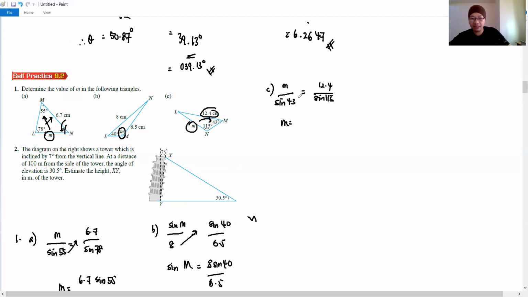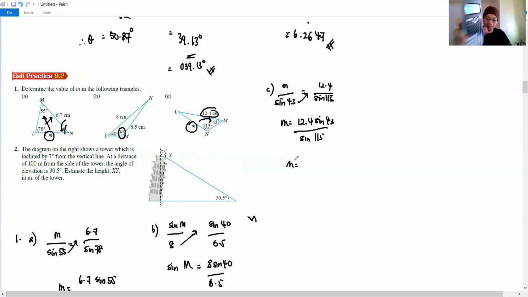Move this to the other side, so M equals 12.4 sine 43 over sine 115. Calculate: 12.4 sine 43 over sine 115. Your answer is 9 point something.